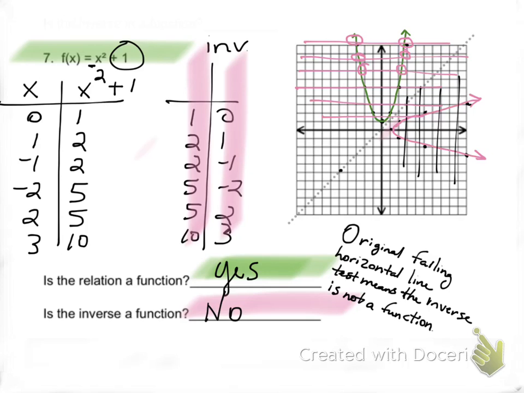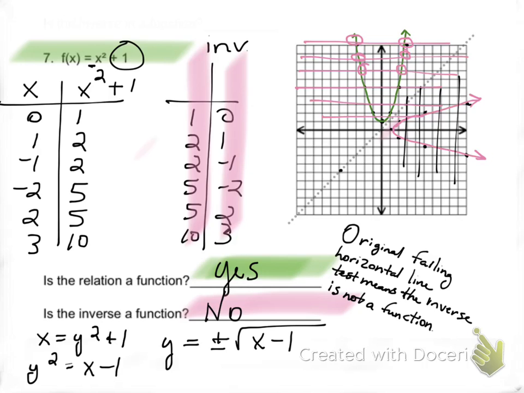Now, one thing we haven't done yet that was instructed of us is to find the inverse equation. So to do that, we're going to swap. So we'll have x equals y squared plus 1, subtract 1, y squared equals x minus 1. Square root both sides. y is equal to plus or minus the square root of x minus 1.